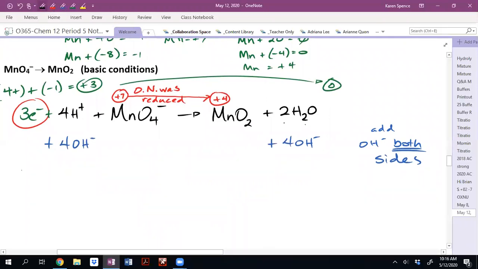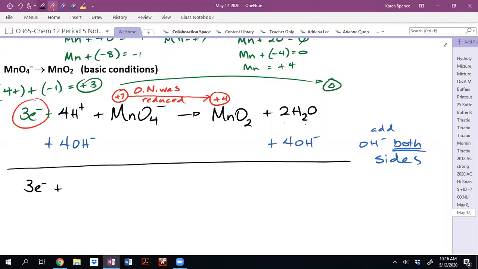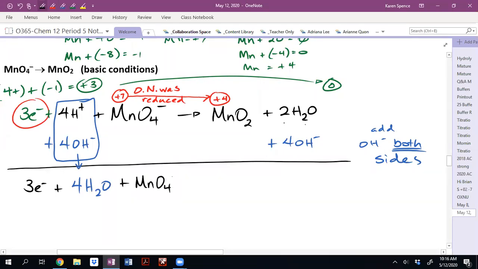And then we can add this up. So we have 3 electrons plus 4 hydrogen and 4 hydroxide, which is going to give us 4 water, plus MnO4 minus, oh look, I remembered my charge, how lovely, goes to MnO2 plus 2 H2O plus 4 OH minus.